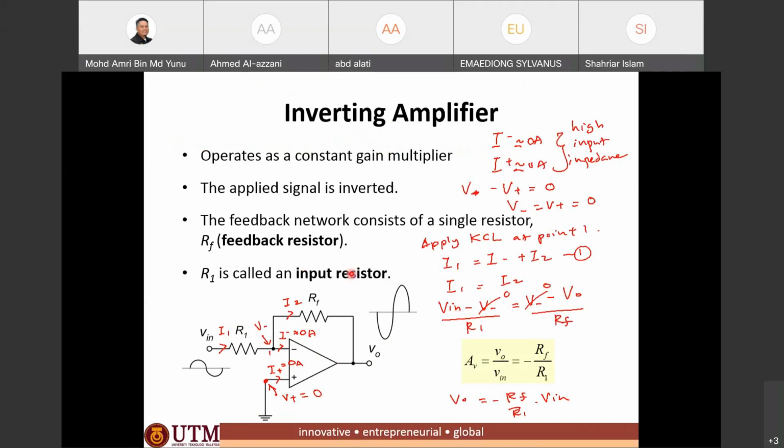We look into the non-inverting amplifier here, which basically operates as a constant gain multiplier.